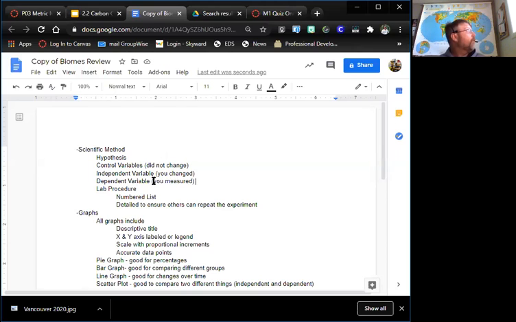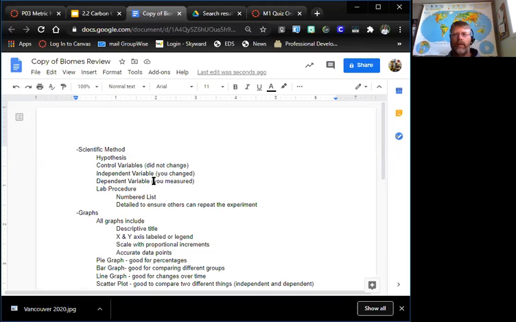Or for example, with our eco columns, each one of these has a different amount of water. So the independent variable is water. The dependent variable is how high the plants grew. There's going to be a lot of different examples we can use for this.